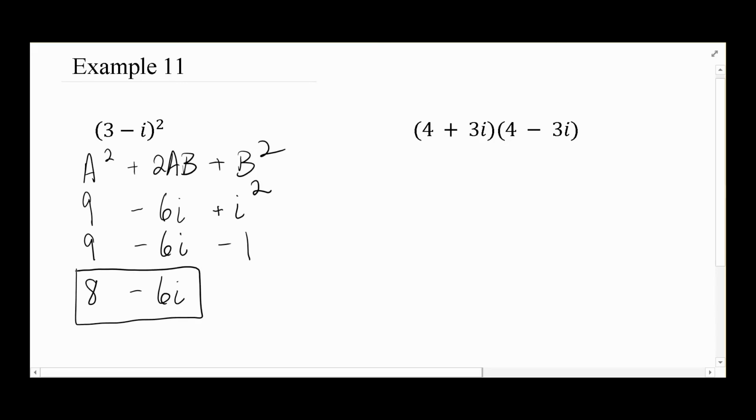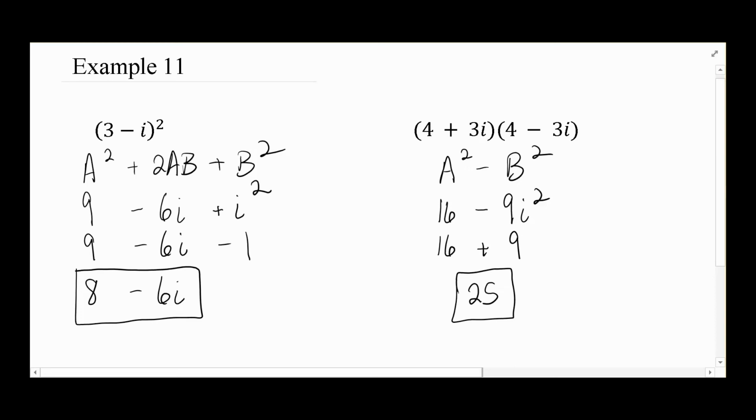In the second part of the example, this is a difference of squares. We have a squared minus b squared is what we should be seeing. 4 squared is 16 minus 9i squared. But negative 9 times negative 1 becomes positive 9. 16 plus 9 is 25.